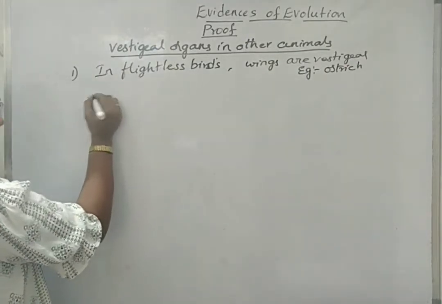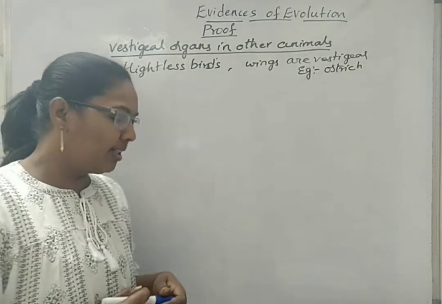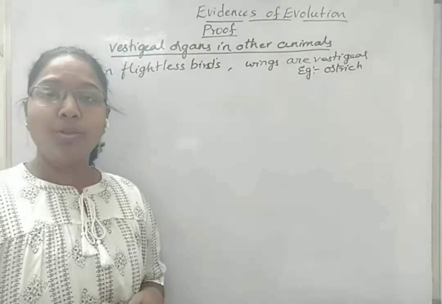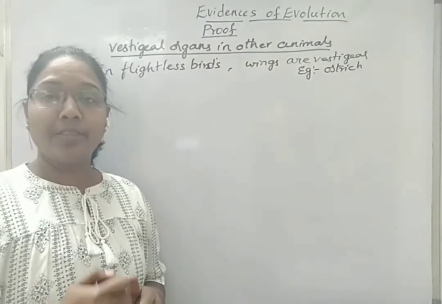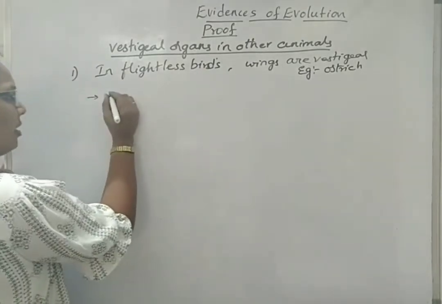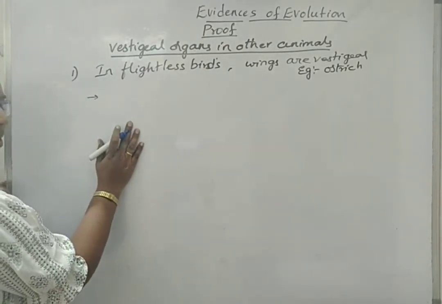Another example is in case of python. Femur and pelvic girdle are considered to be vestigial because these both form an articulation with the joints for the movement of the organism. But here in case of python, it is not necessary.